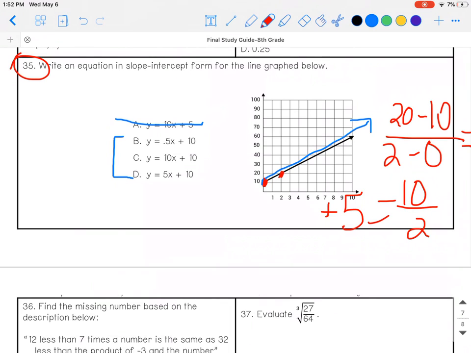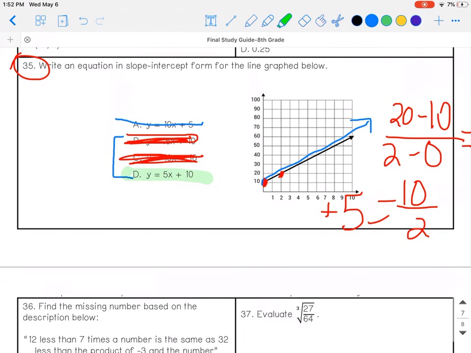And I know that my y-intercept is 10, so it's not going to be B because 0.5 is not my slope. It's not going to be C because 10 is not my slope. The answer for this is going to be D. I have 5 as my slope, and I have positive 10 as my y-intercept.